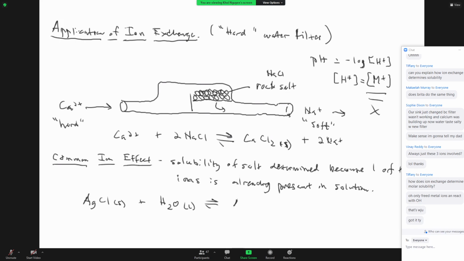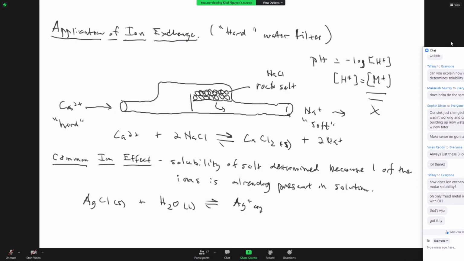And you're going to end up with silver ion, aqueous, plus chloride ion, aqueous. So let's write that properly. Cl minus, aqueous.